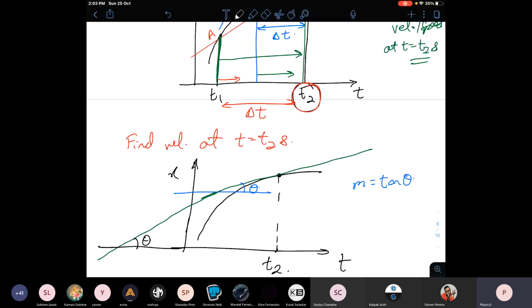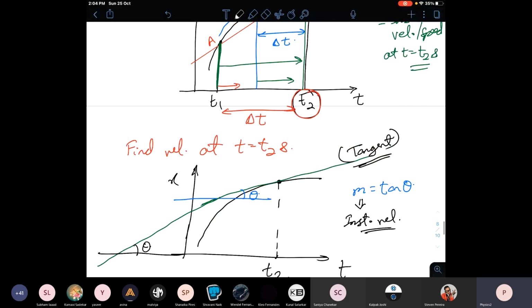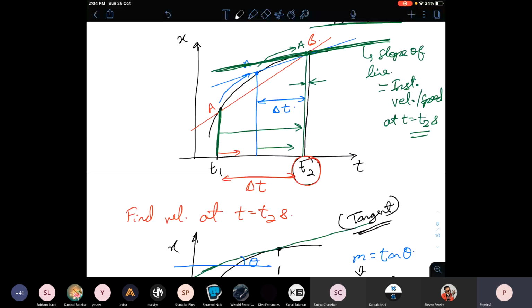So this slope will now represent instantaneous velocity or speed, whatever. Did everybody get this? This is a tangent. Remember, a tangent is a line which touches the curve at one point, and a chord is a line which cuts the curve at two points.